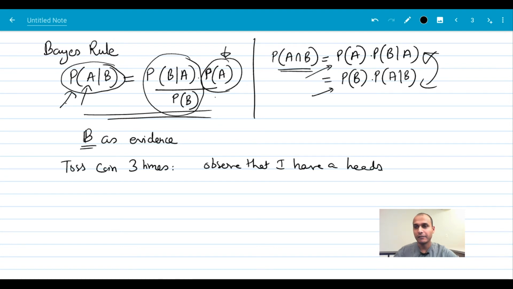I didn't log every time exactly what happened, but I have this summary information that I have one heads, which means that the other two tosses were tails.